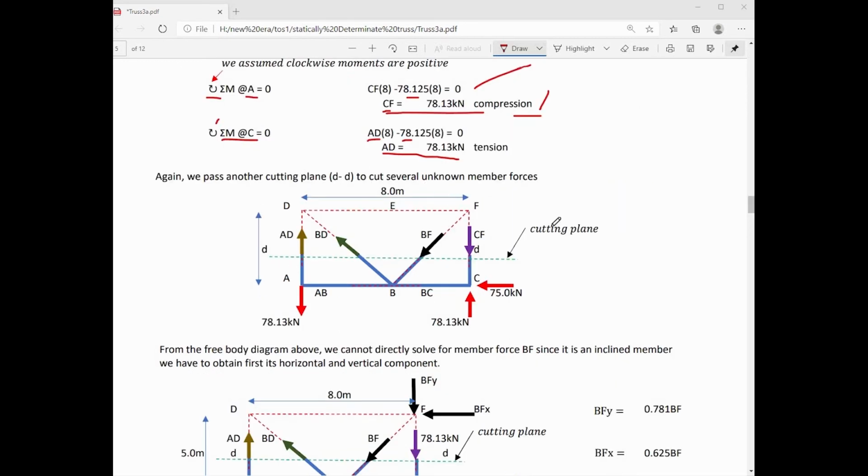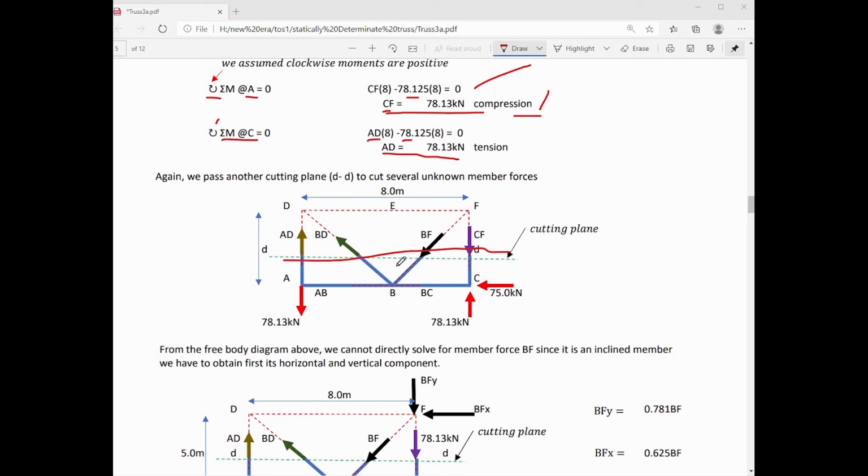Here's now our free body diagram. After we pass cutting plane D-D on the truss, we select the lower portion of the truss as our free body diagram because, in my own opinion, it is less complicated to use the lower portion than the upper portion of the truss. Of course, we can also solve for member force AD, BD, BF if we make use of the free body diagram above our cutting plane, or the upper portion of the truss, as our FBD.